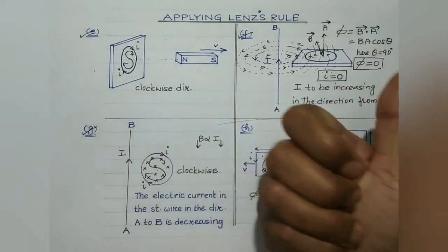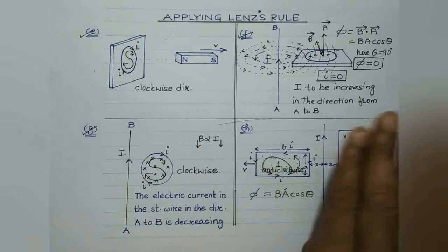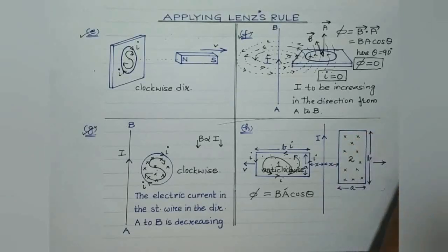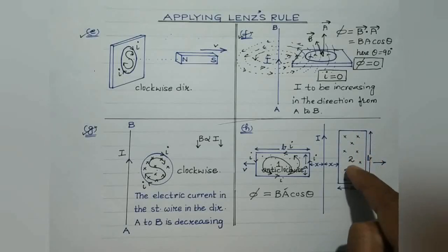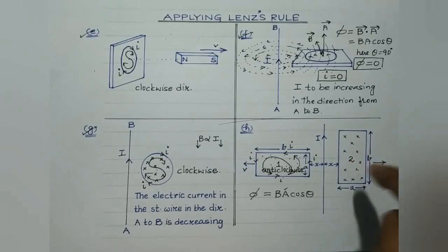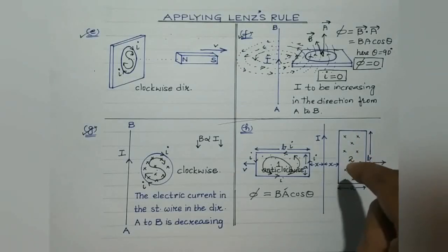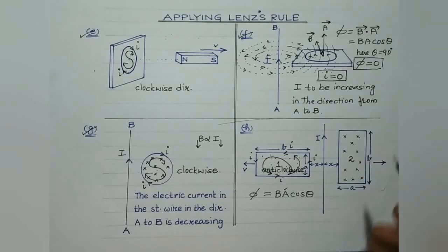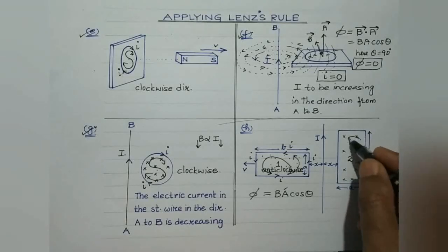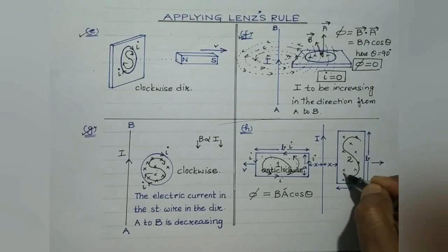Well, in this case, as this coil is moved away from the straight conductor, the magnetic field which is directed inwards will start decreasing as it is moved further away. So the direction of the induced current in this coil must be such that it should oppose the decreasing magnetic field lines in the inward direction. So this face must behave as south polarity.